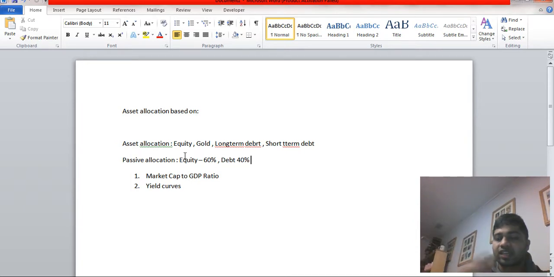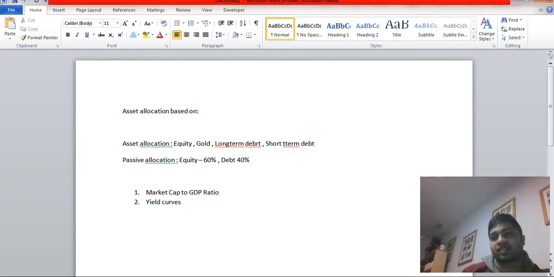So you keep reshuffling between these assets based on how different they are from their stated allocation. This is passive allocation. Irrespective of market condition, you will keep putting 60% of your money in equity and 40% in debt, and you will reallocate them based on their performance after a certain time interval.